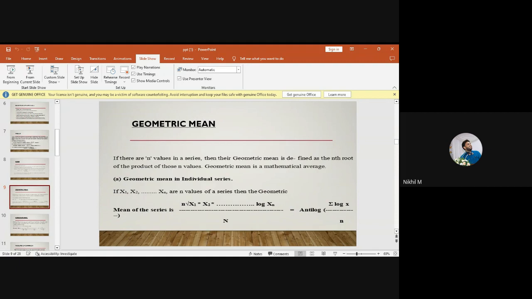Actually, the geometric mean is a mathematical average. In an individual series, it is calculated as the antilog of sigma log x divided by n.